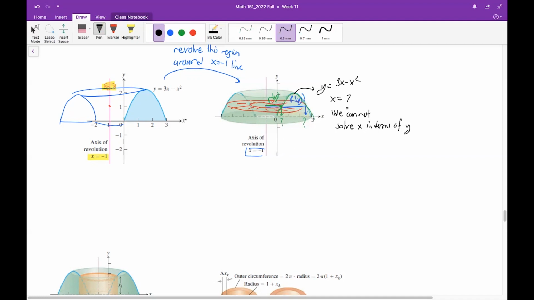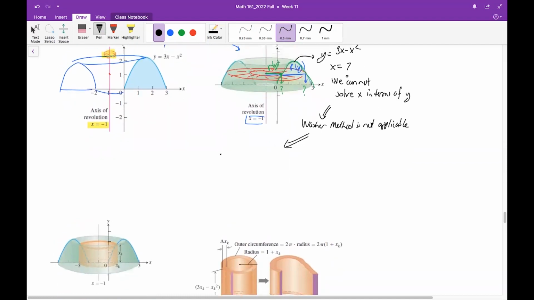That's why in this case, in theory, the washer method is okay, but in practice, since you cannot solve x in terms of y, the washer method is not applicable. That's why we need another method here. So we will use the cylindrical shell method to slice our three-dimensional object in a different way. So how to do that?